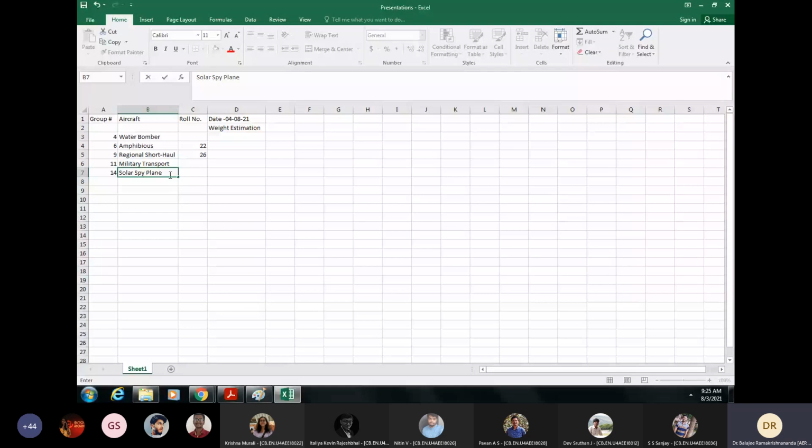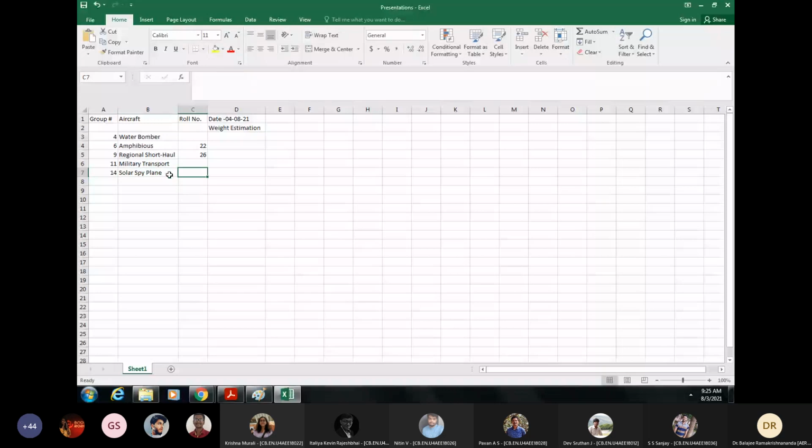So who's presenting tomorrow? We haven't decided. Okay, so please decide. Someone has to present. Then weight estimations tomorrow. The date we'll put within bracket. Weight estimation I will put here because there will be 2-3 days in which all groups present.